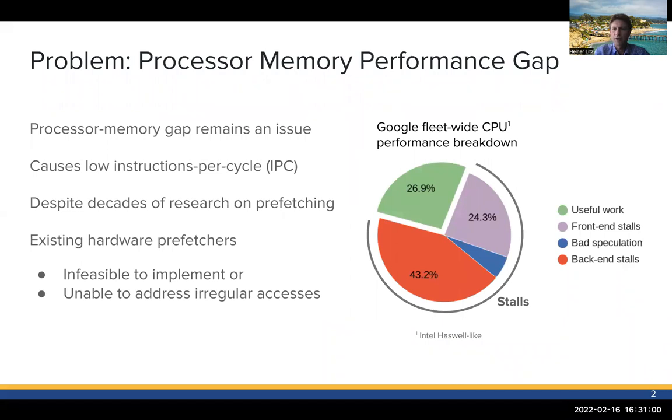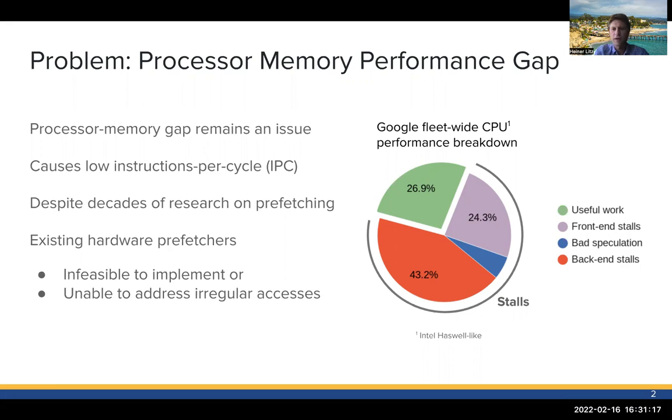So the problem that we're addressing in this work is to reduce processor stalls induced by cache misses and the resulting long latency DRAM accesses. This is still a significant problem of modern microprocessors.